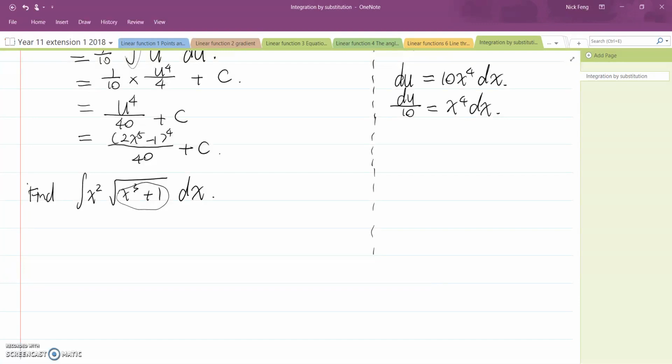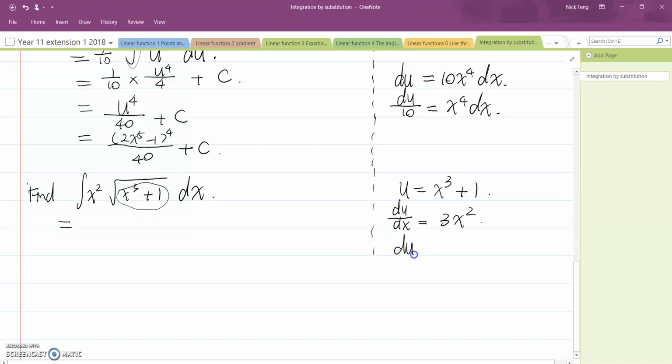The reason is the derivative of x cubed is 3x squared, and you can manipulate the constant, and that's the x squared at the front. So if you start with u equals x cubed plus 1, then du over dx should be 3x squared, and du equals 3x squared dx.